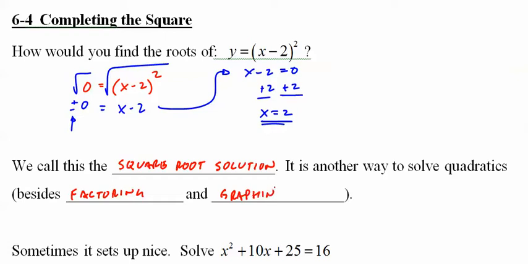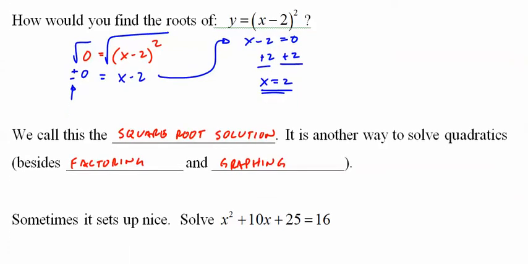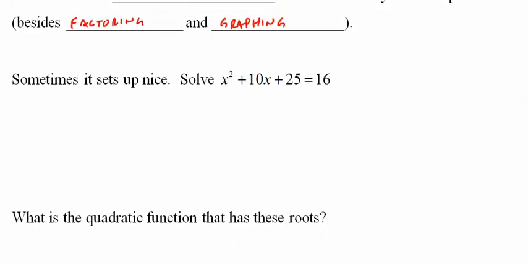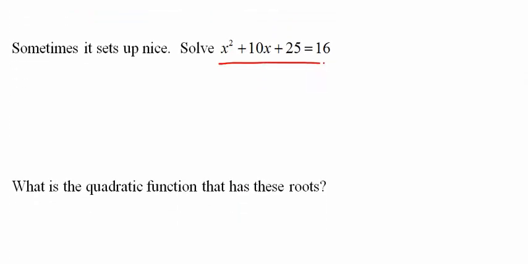So this is going to get relatively complex, but if you understand the concept behind it, it's not that hard. Because sometimes it sets up real nice, like x squared plus 10x plus 25. You look at that and you say, this is the same as x plus 5 squared, and 16 is a perfect square. So we take the square root of both sides.